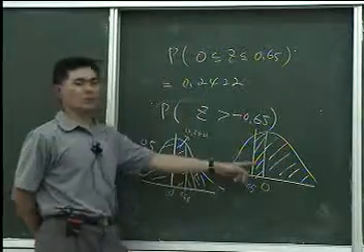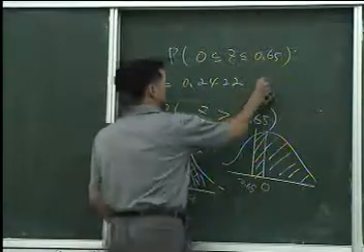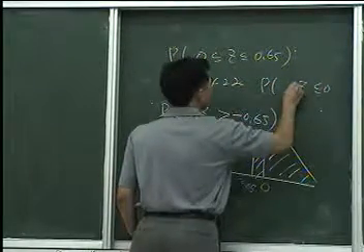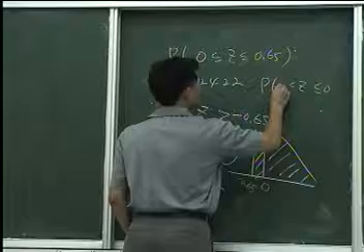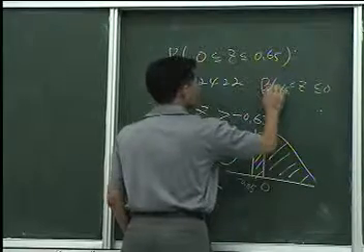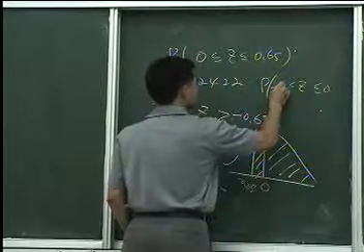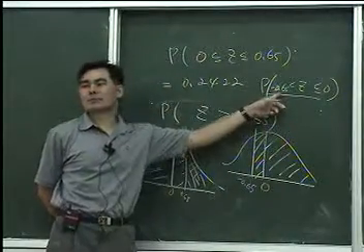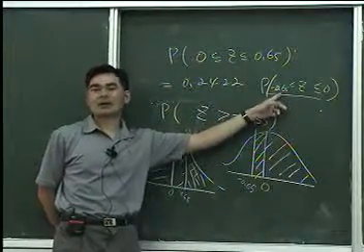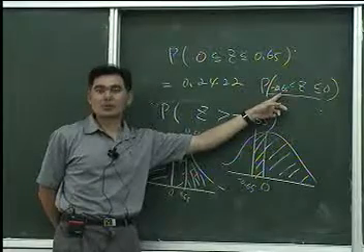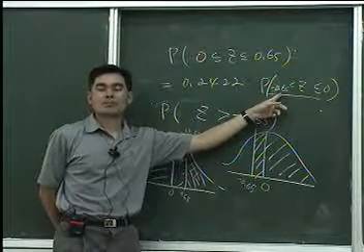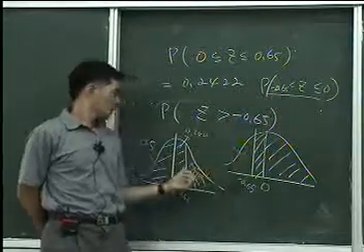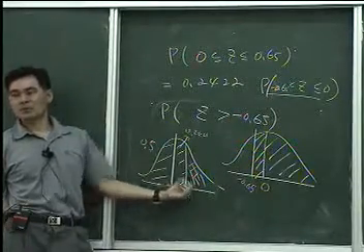If you check the table, can you get P of z less than or equal to 0 and greater than negative 0.65? Can you find this number? No, you cannot, because the table only tells you positive numbers. But as we already talked about, it is symmetric.